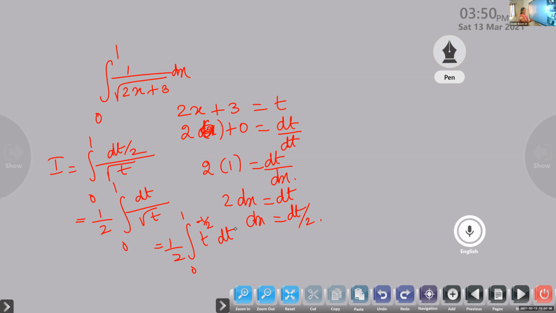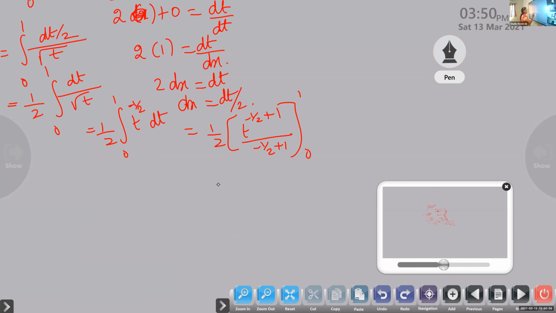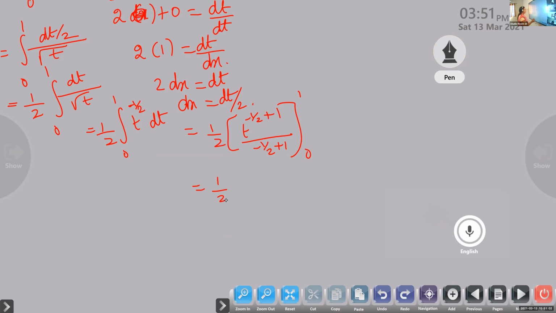Now what is the integral of t raised to minus half? When you integrate, this is t raised to minus half plus 1 by minus half plus 1 within the limits 0 to 1. Simplify this: t raised to half by half within the limits 0 to 1.